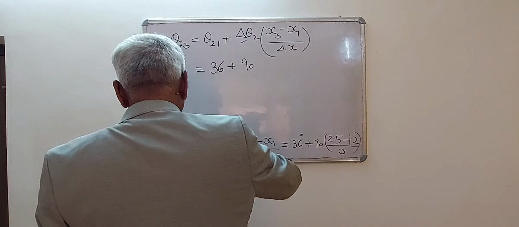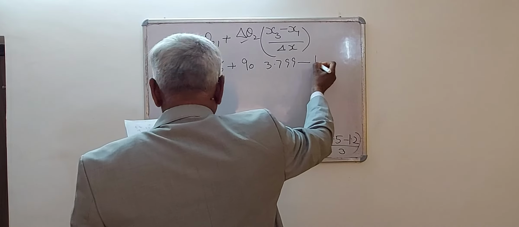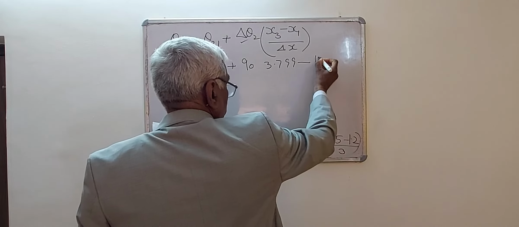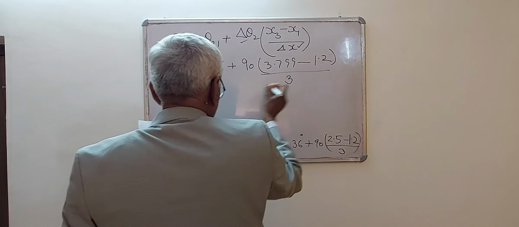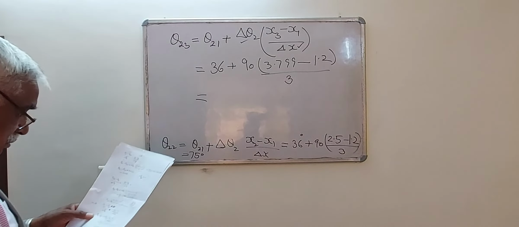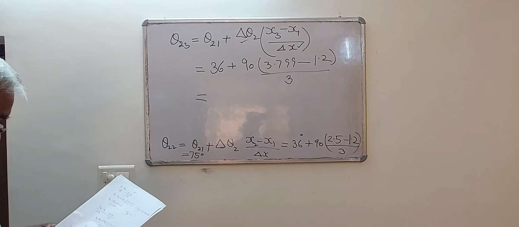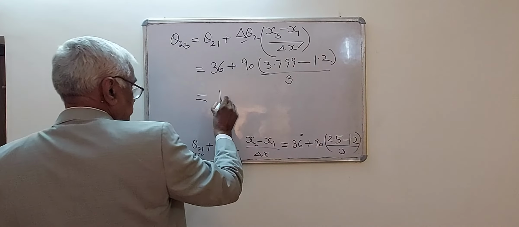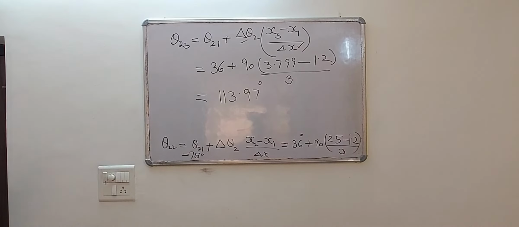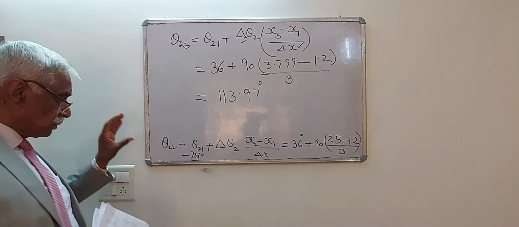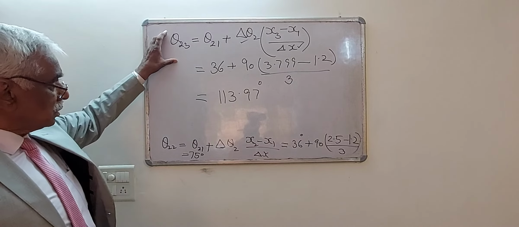X3 is how much? 3.799 minus x1, which is 1.2, divided by delta x is equal to 3. So it comes out to be 113.97 for theta 23. So I am able to find the value of theta 21, theta 22 and theta 23.